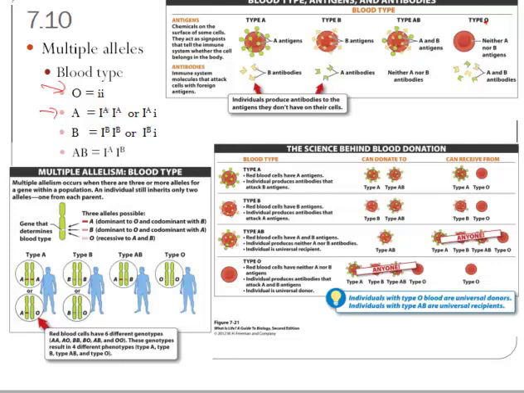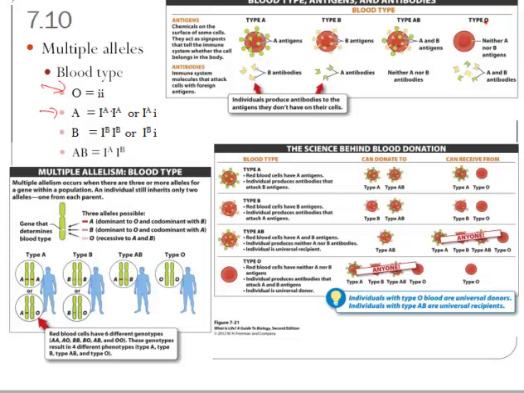So A could either be homozygous for A, so I capital A, I capital A, or it could be heterozygous and hiding blood type O, so I capital A, little i. B blood types could be the same, I^B I^B, or I^B hiding little i or blood type O. And for type AB, you can only have an I^A and an I^B. And those were the different abbreviations for the blood types.